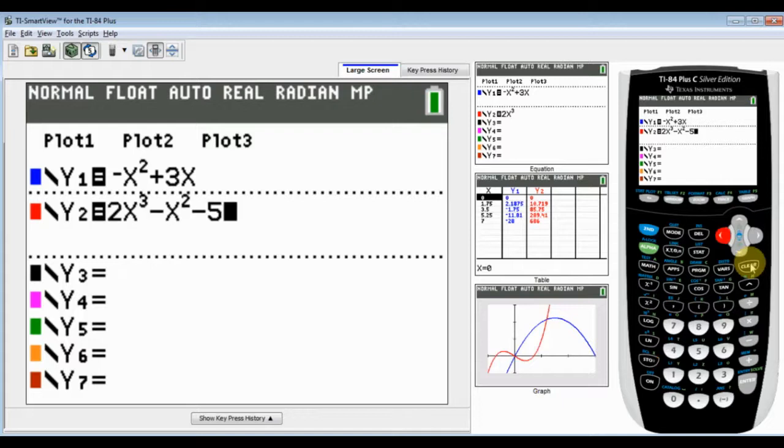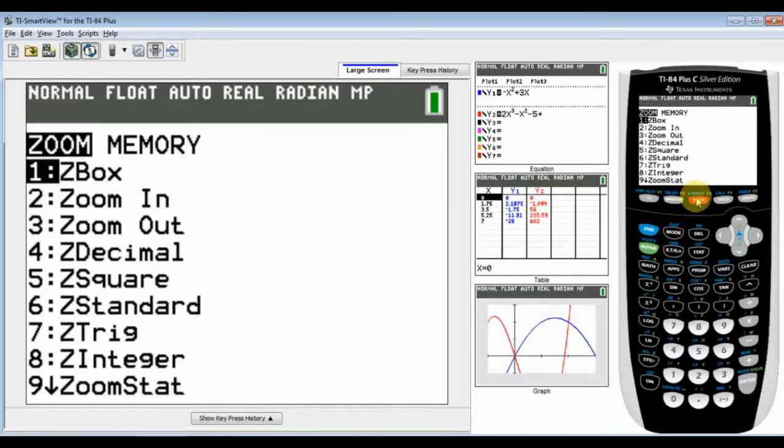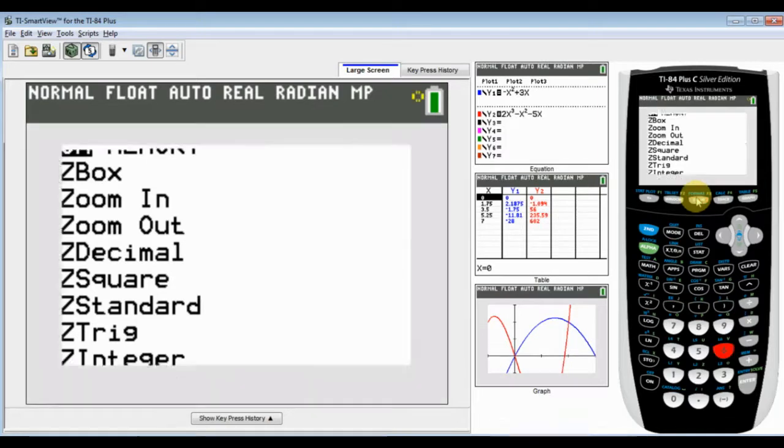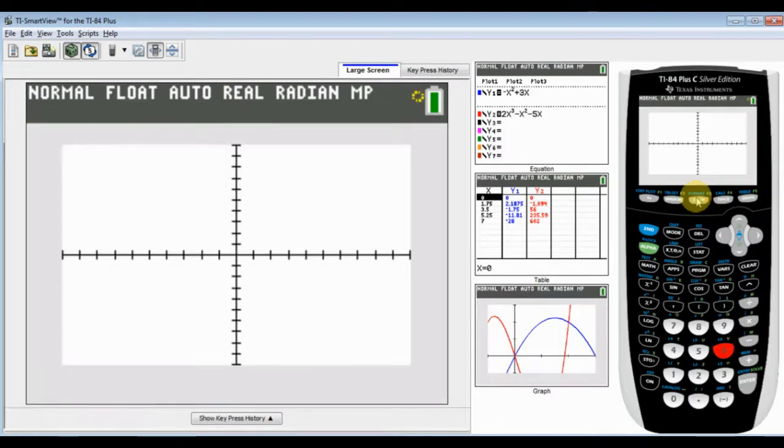Great. This time I don't actually know what the graph looks like, so I'm going to go ahead and do this in the standard window. Okay, so zoom standard. Standard is number 6. And that should get me something which looks interesting.